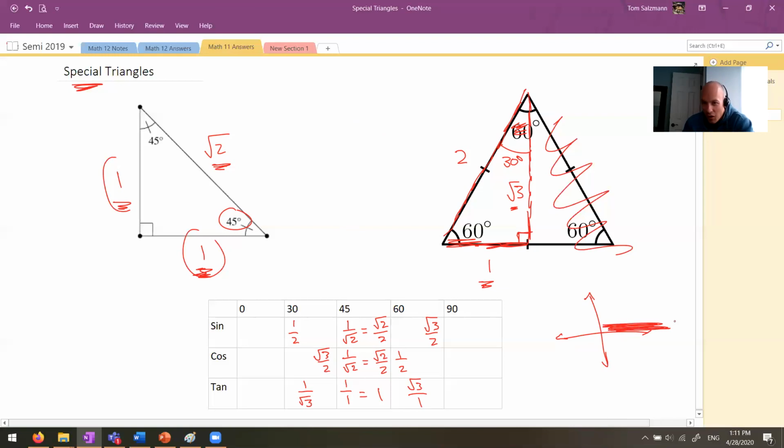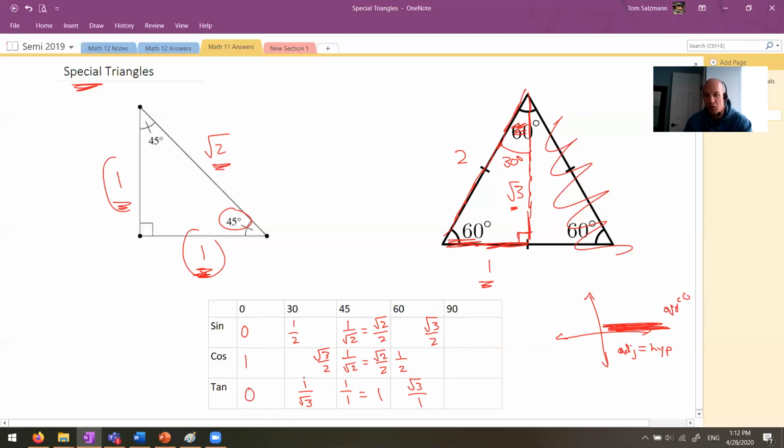So that means my opposite has a height of 0 and my adjacent is exactly as long as my hypotenuse, because the adjacent runs this way and so does the hypotenuse. So my opposite is 0 and my adjacent and hypotenuse are the same. So sine, which is opposite over hypotenuse, will be 0 over anything, which is 0. And then cosine will be adjacent over hypotenuse, and if the two are the same, that will be 1. And tan is opposite over adjacent, which is 0 divided by anything, which is 0.